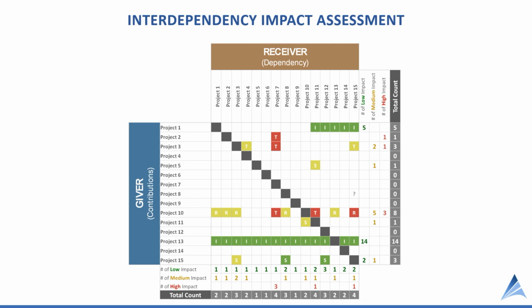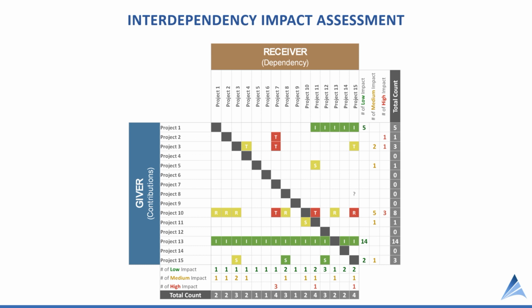We could utilize this with priority information. If we have a low priority project that is potentially contributing a number of high impact downstream projects, we may want to consider if we can decouple those dependencies in some form or fashion.